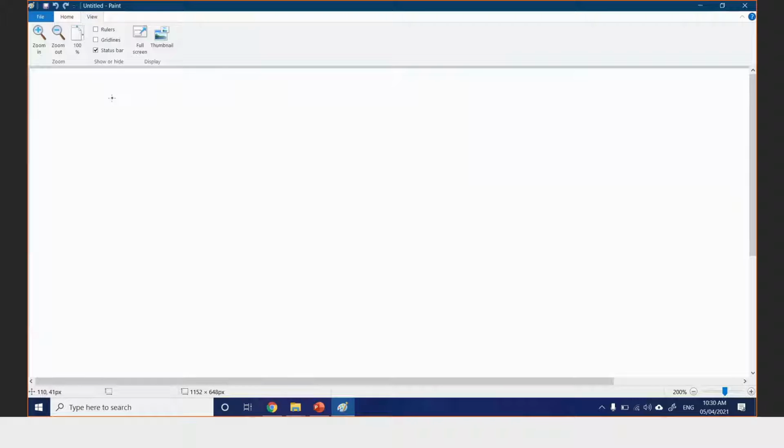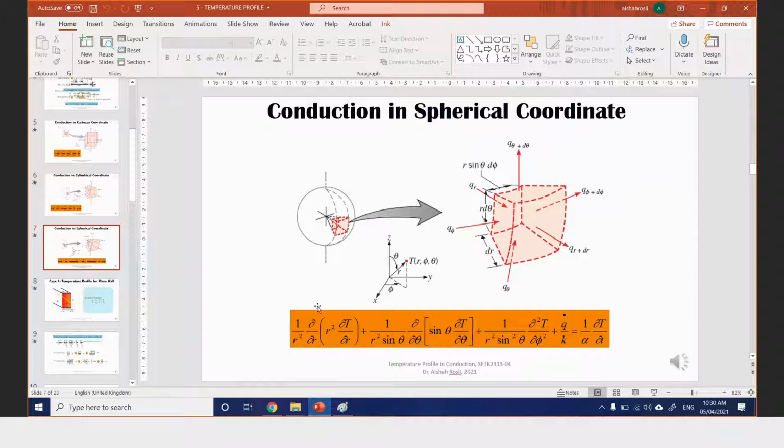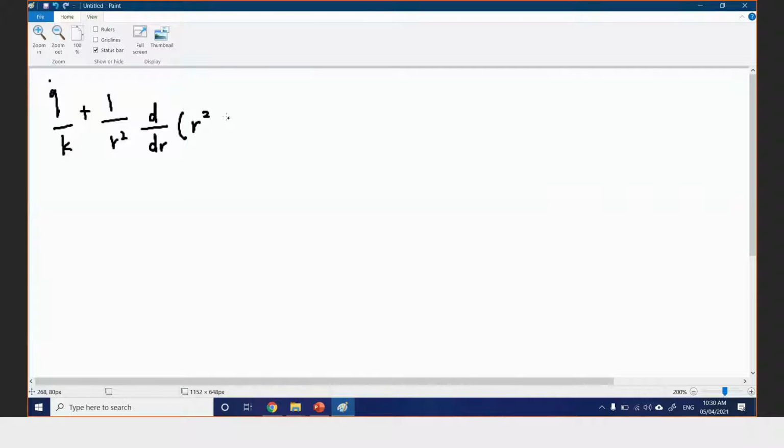and then if you rearrange, you should get q over k, because we divided by volume, right? So plus 1 over r squared d over dr of r squared dT over dr. We don't cancel it out just because we want to have the same term as the one shown in the slides.